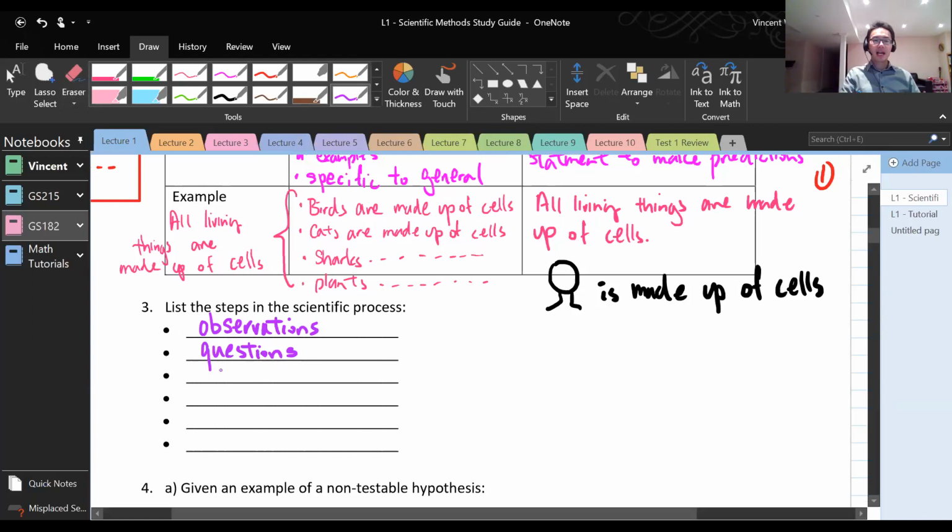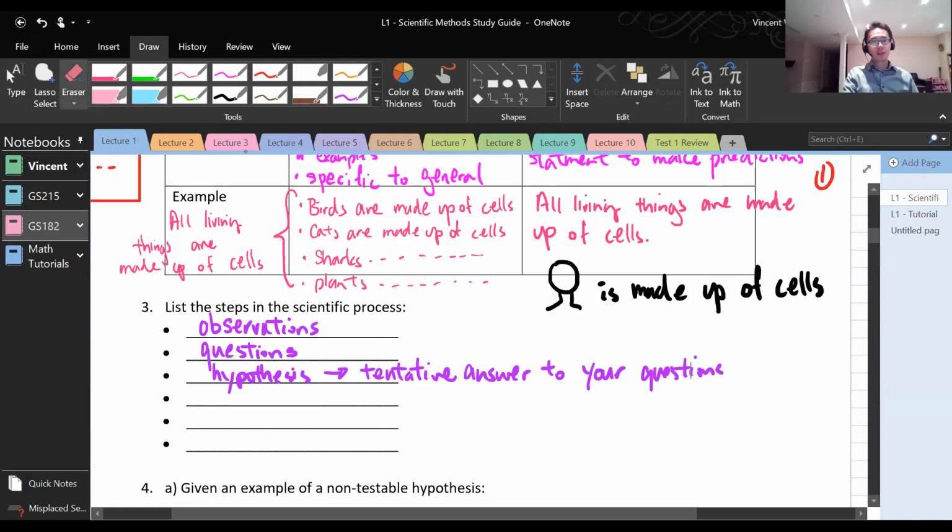And these tentative answers, which may or may not be correct, are called hypotheses. So a hypothesis is basically a tentative answer to your questions.